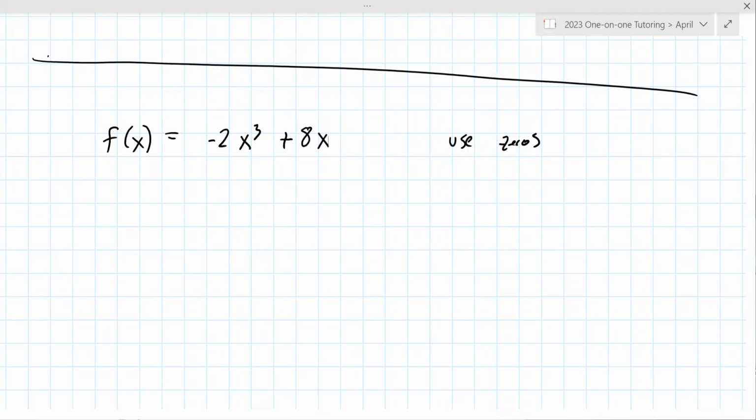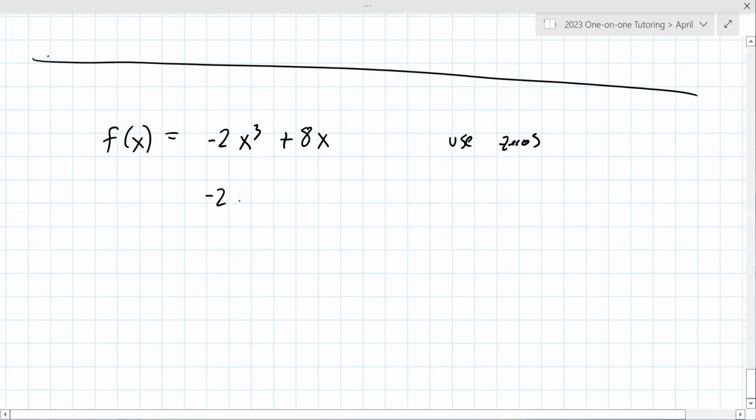There we go. Factor out -2x, and then x squared plus 4.